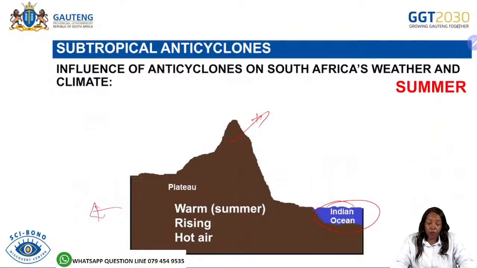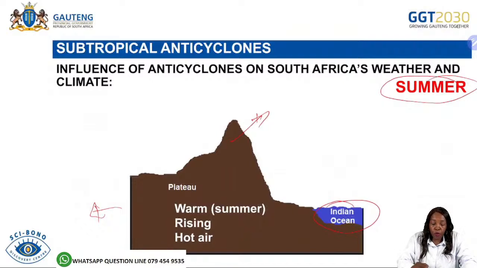Right. Then we are looking at which conditions? The summer condition. We are looking at the influence of the high pressure cell in summer. So during the summer season, we've got more warm air that rises over the interior of the country. That is because of the thermal low pressure that develops in the interior.